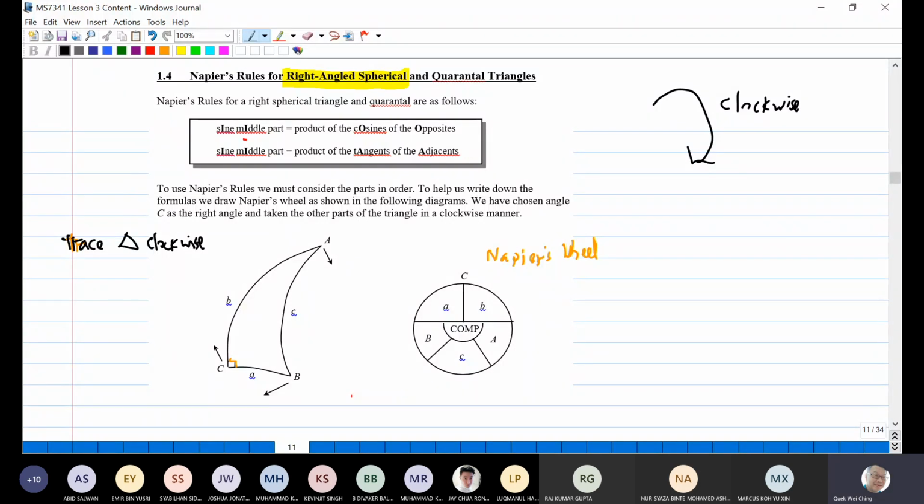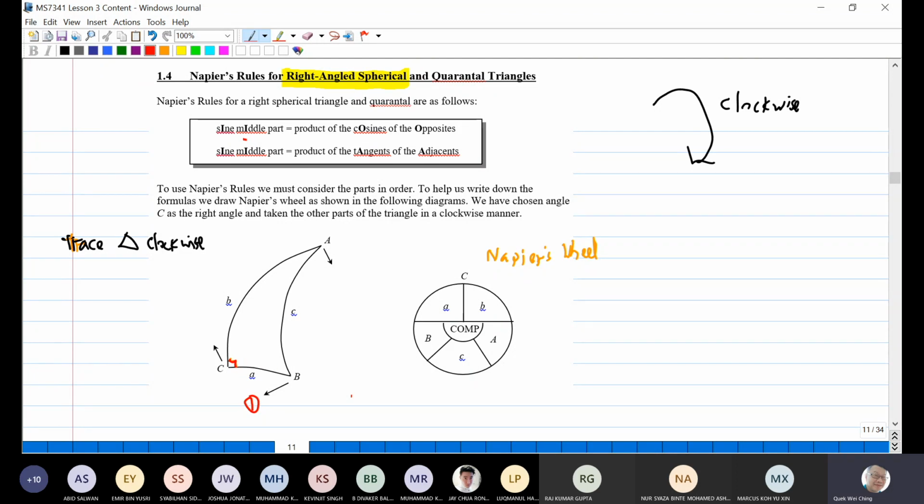The first direction is into the right angle triangle, because we focus on the right angle triangle. There's a right angle here. So you start from BC.